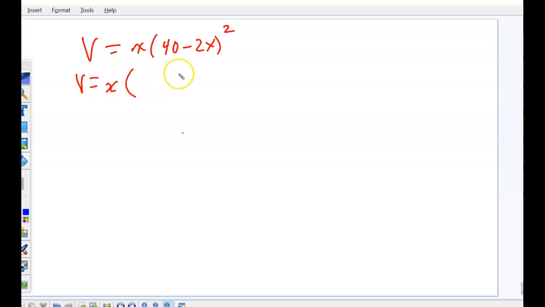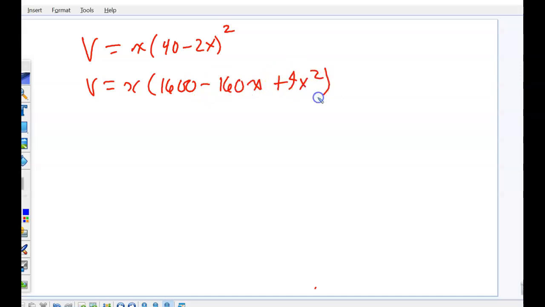Now I'm going to expand this, so this is going to be 1600 minus 160x plus 4x squared. So the volume is equal to x times (1600 minus 160x plus 4x squared).